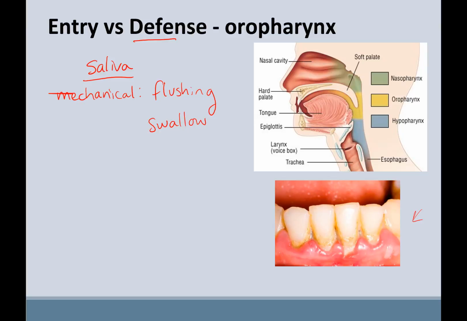Okay, when you get really runny noses, you might make some nasty sounds, and you get this big mucus going down your throat. But it's good because that's headed to your gut, your stomach, that's got lots of acids and a defense mechanism there. You also have your normal flora in your mouth and nose.